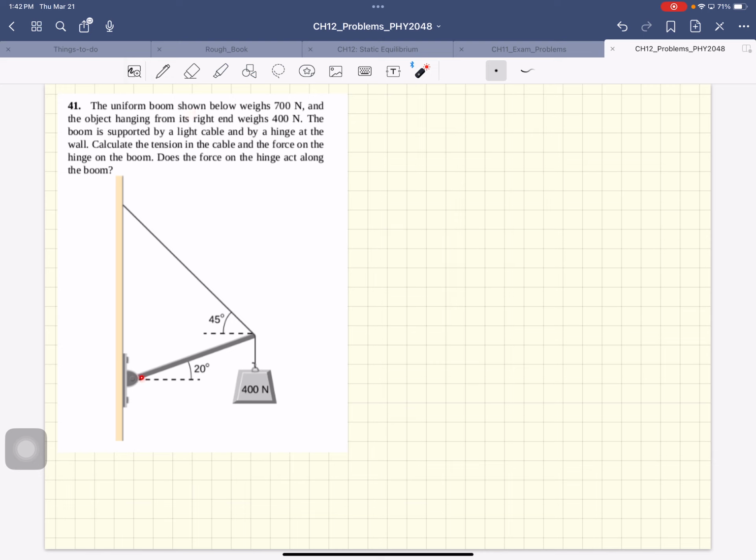There is the boom, which weighs 700 newtons, roughly the weight of one of us. And the object hanging from its right end is 400 newtons. So the boom is supported by a light cable and by a hinge at the wall. Calculate the tension in the cable and the force on the hinge and the boom.